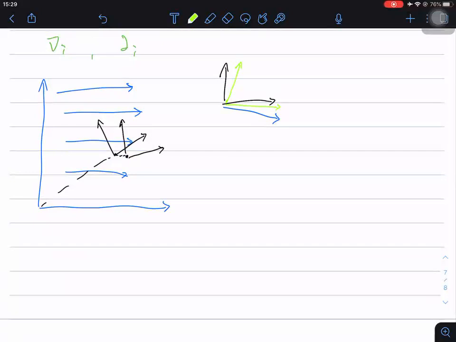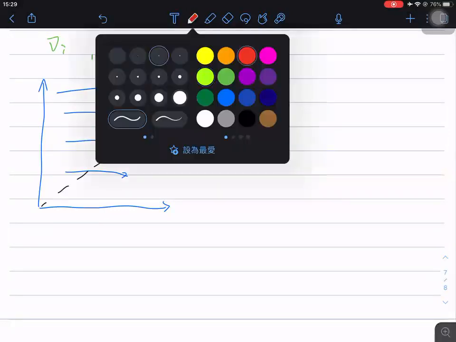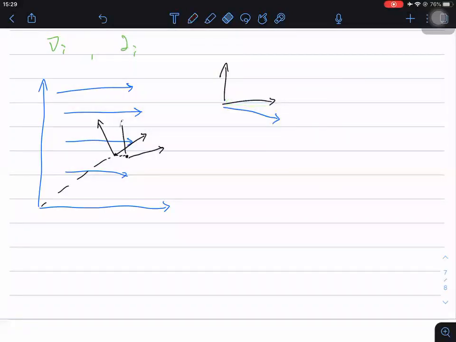This color is not good. Okay, it's too light maybe. So let me use red. Okay, draw it again.